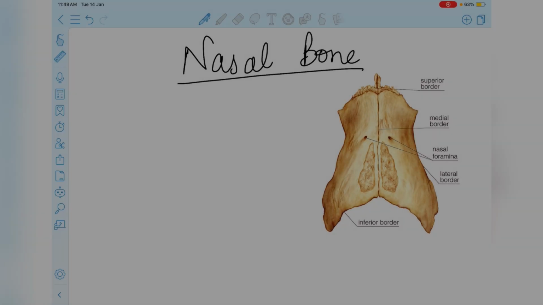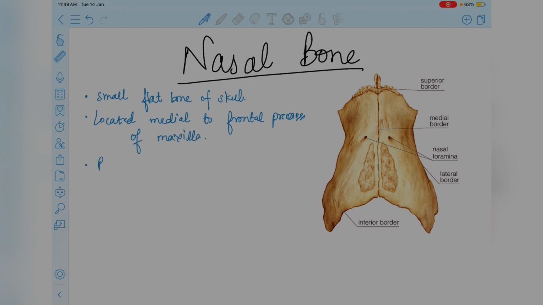Moving forward, we have the nasal bone. The nasal bone is a small flat bone of the skull. It is located medial to the frontal process of the maxilla. It is roughly rectangle shaped.